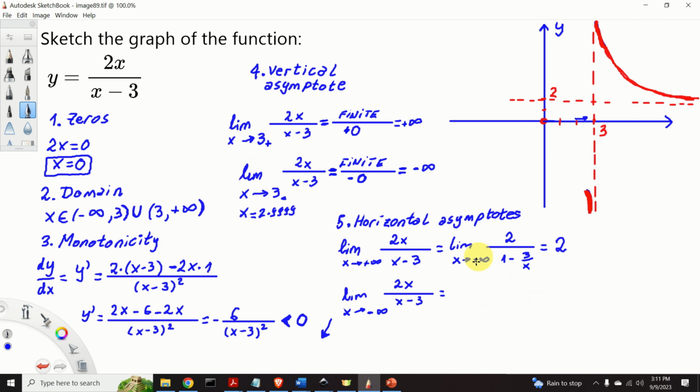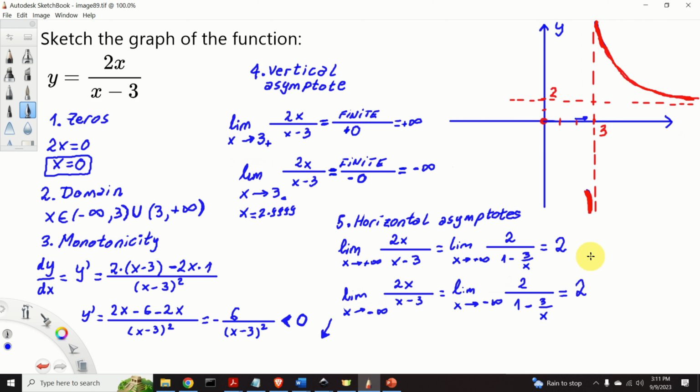To evaluate this limit, we will use the same trick. We will divide both numerator and the denominator by x. And as the result, we will exactly obtain this expression, that is 2 over 1 minus 3 over x. And this is obviously equal to 2.